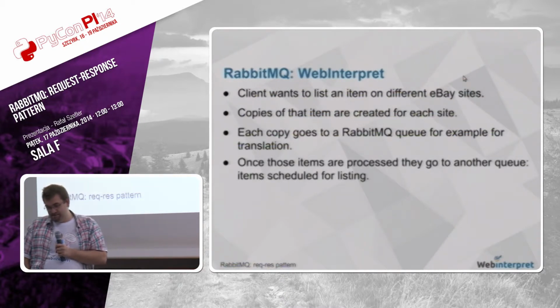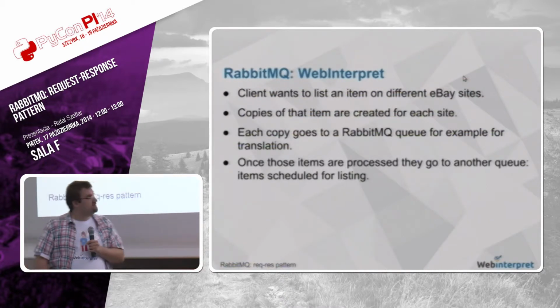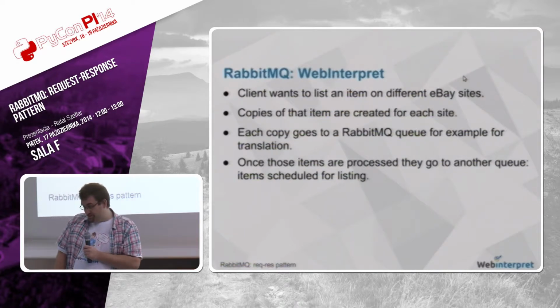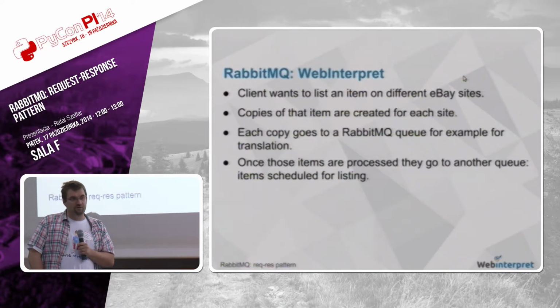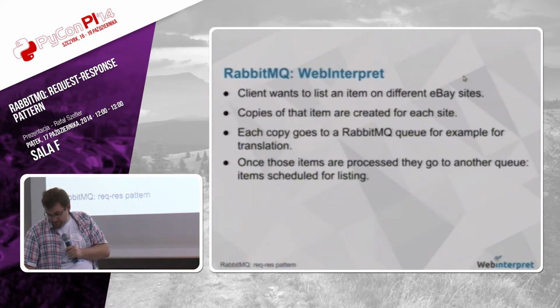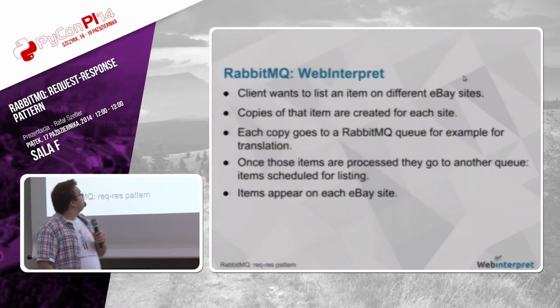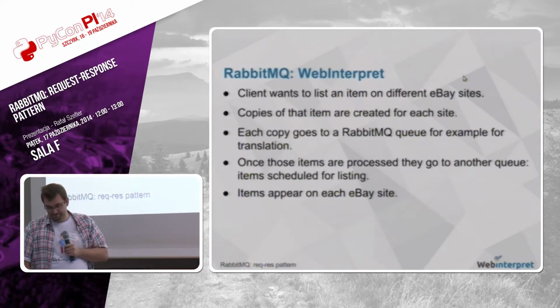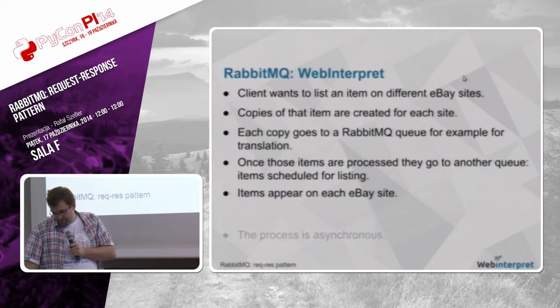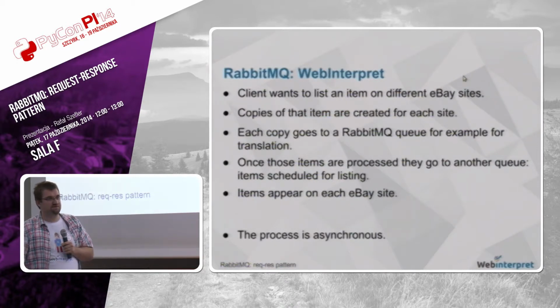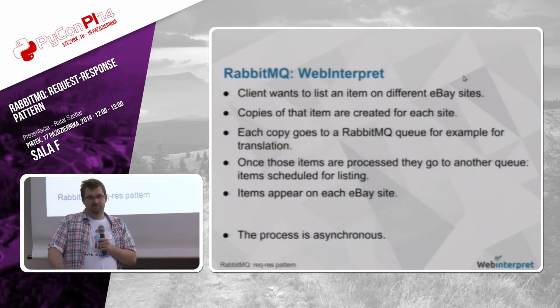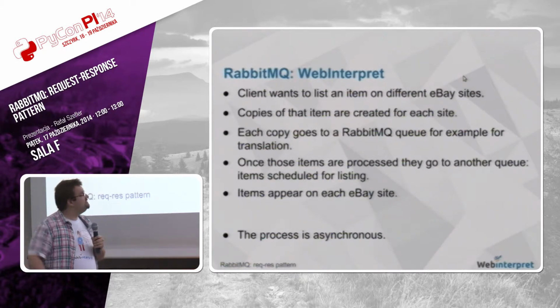Then once those items are processed, which means translated in this context, they go to another queue, the queue for items scheduled for listing. And there's one more worker that, whenever there's an item in this final queue, just lists it on the eBay site. And this whole process is asynchronous in the sense that none of the steps wait for any other, it just goes straight through.